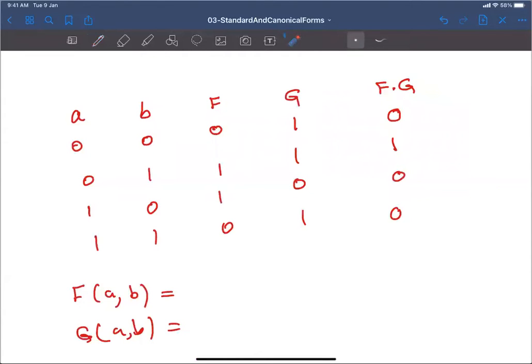So let me test your knowledge about what we covered last time. What is F of A and B in sum of min terms form? What are the min terms of F? Guys, wake up. Come on.